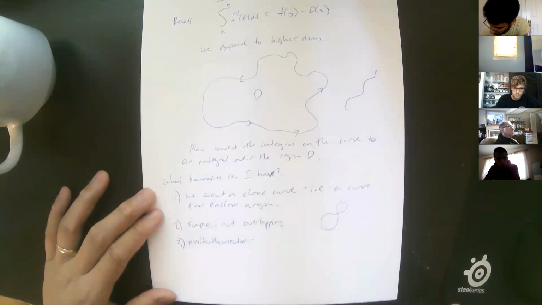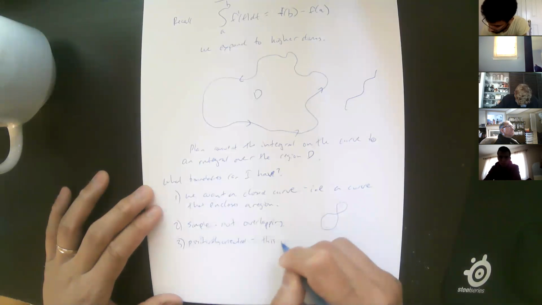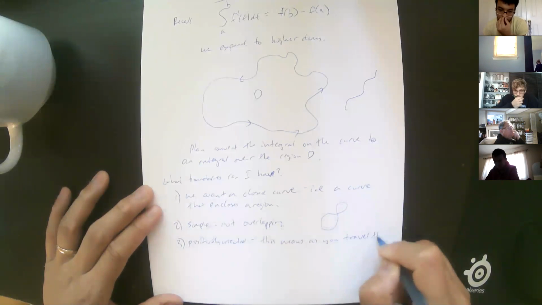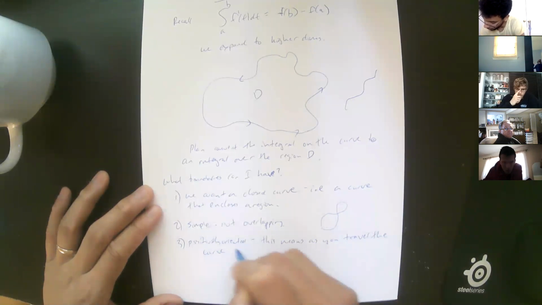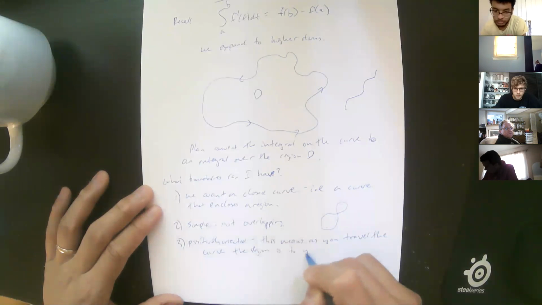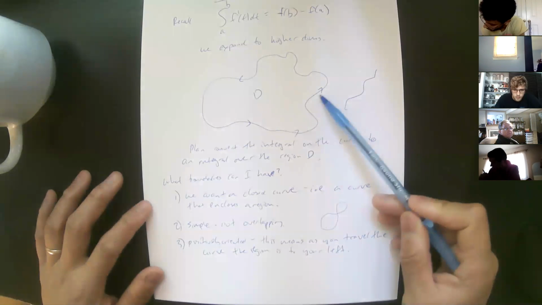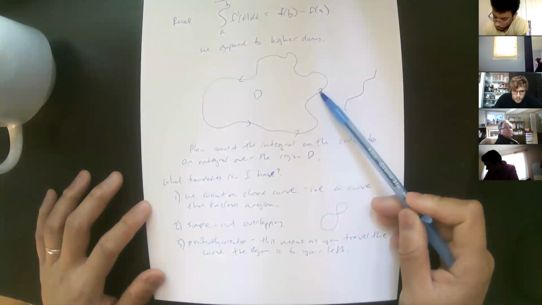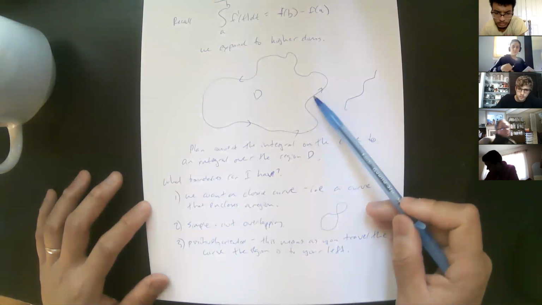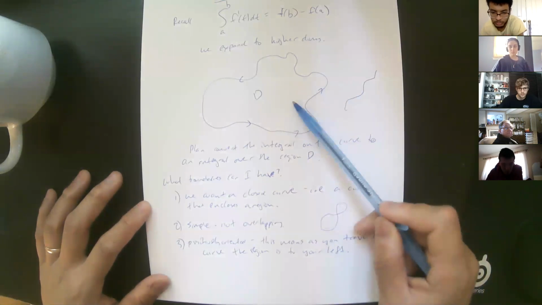A positively oriented curve means as you travel the curve, the region is to your left. Okay, so imagine I was a little bug right here. I'm driving along this beltway, right? This is like the beltway here. And as I move this way along the direction of the arrows, the region is to my left.